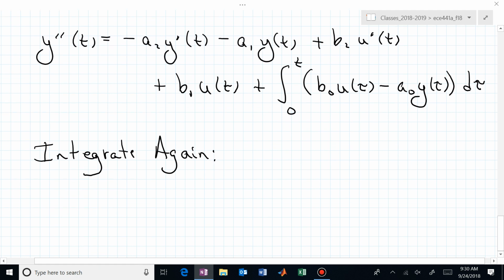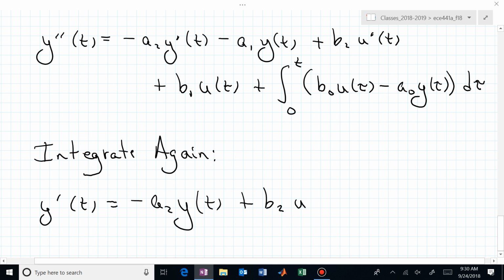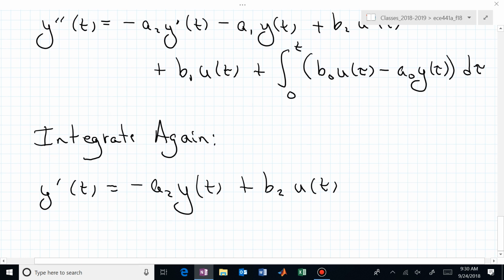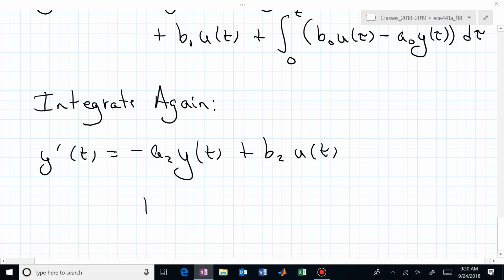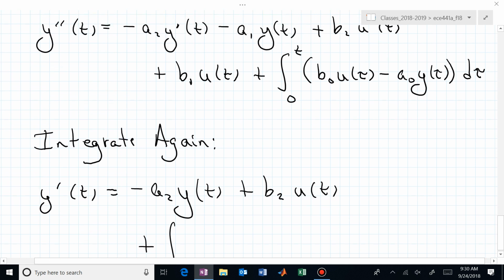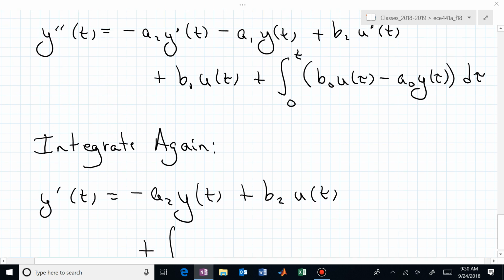And I'm going to do this combining in one step. I'm going to combine the integral of u and y now together so that I now have y prime of t is equal to minus a sub 2 y of t plus b sub 2 u of t plus an integral, but now do you see what I'm going to have to do?